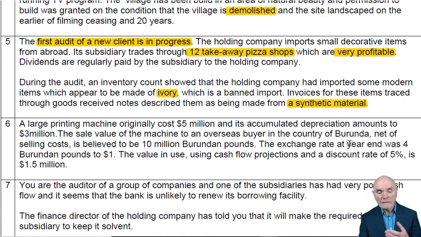So essentially it's going to be coming in for 2.5 million. The value in use, using cash flow projections at a discount rate of 5%, is 1.5 million. So what we have here is essentially a kind of valuation of the non-current asset. We also have a non-current asset which has been set aside for sale.